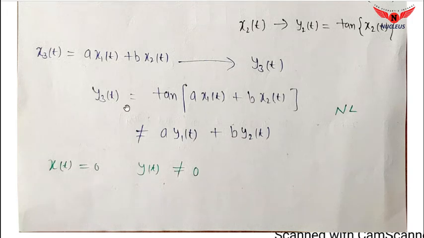So y3t equal to 10 times a x1 plus b x2. This is not equal to a y1t plus b y2t. So here you can see this is not equal to this one. So this is non-linear. Also, when xt is 0, yt is 0. You have to check from these two properties. So this is a non-linear function.